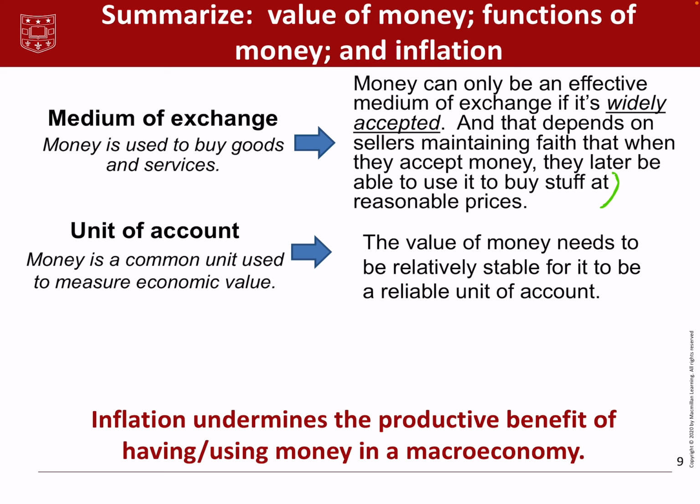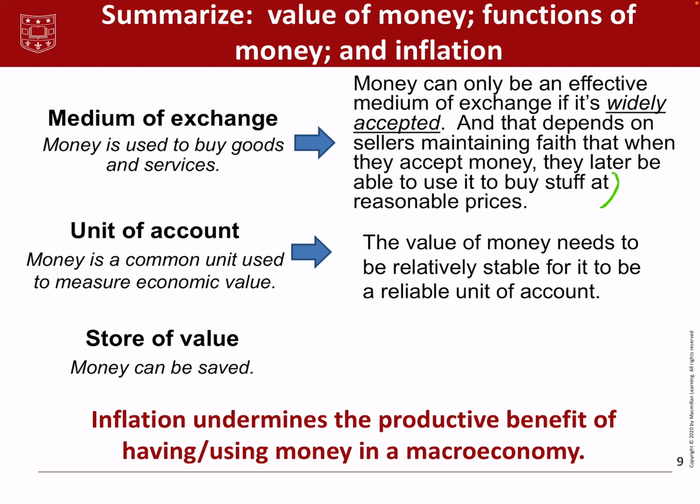Prices go up, the value of money goes down, and it's not as useful as a reliable unit of account. It's as if one day we said a foot is 12 inches, and the next day we said, oh, JK, a foot is only 8. And then the day after that we said, still JKing even more, a foot is 15 inches. So that variability of prices means that we don't have a well understood measure of value in the economy.